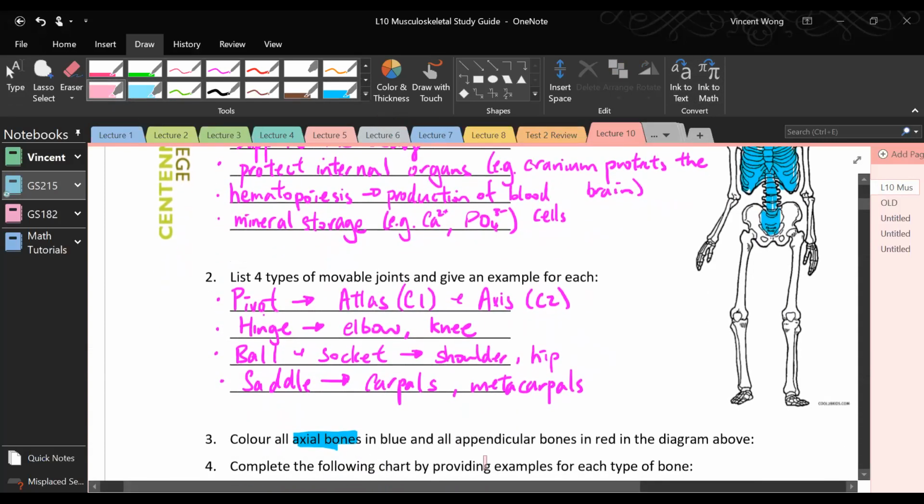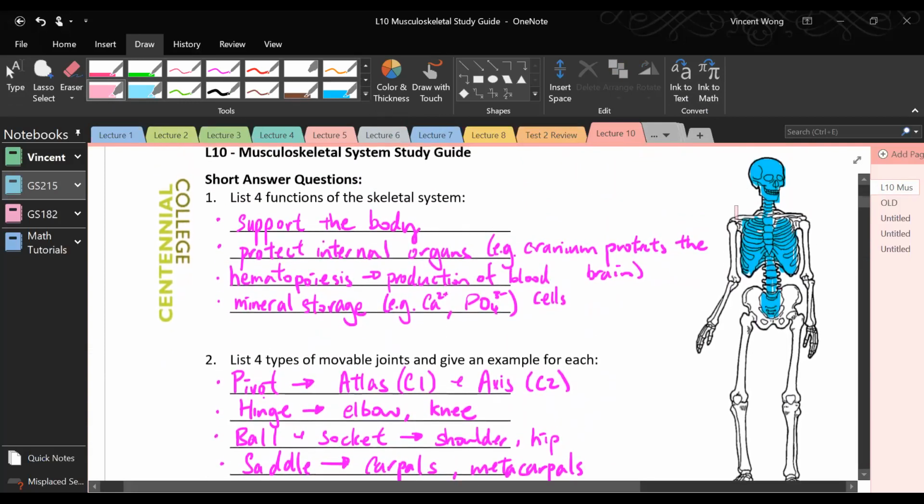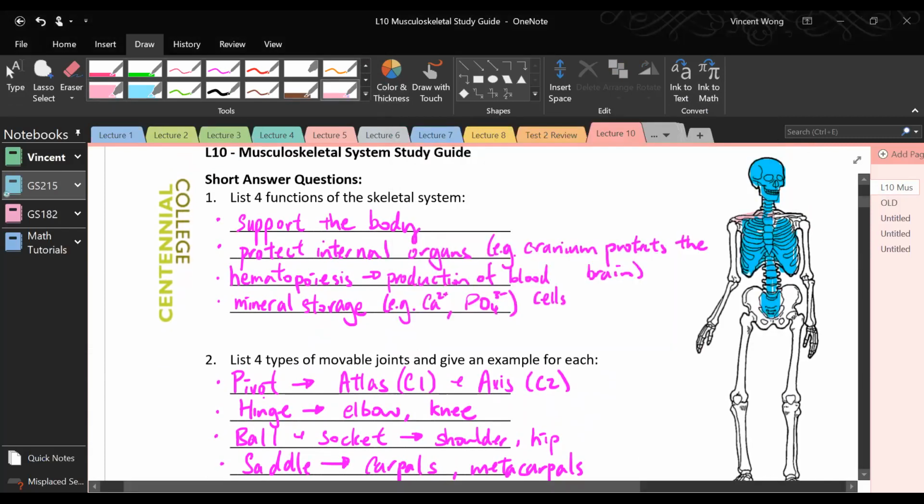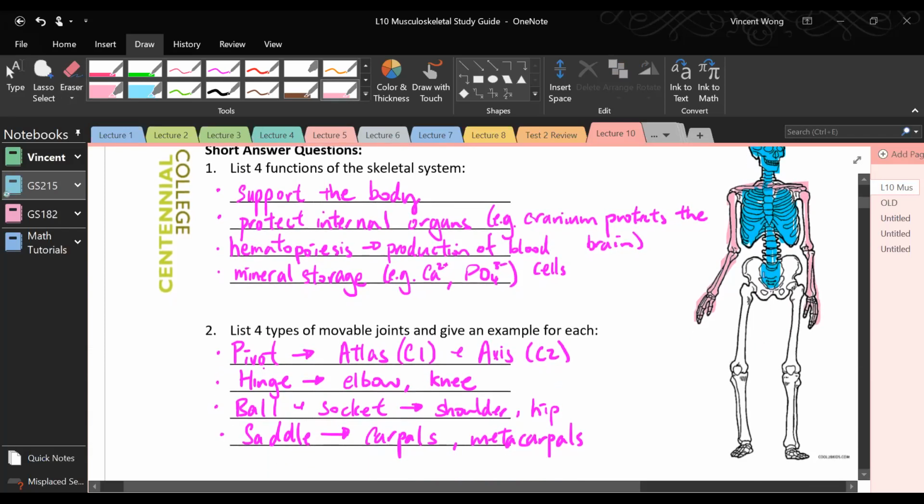And then we want the appendicular to be in red, okay, or pink in this case. So there is the appendicular, the clavicle, your collarbone. All the bones in the hand, the humerus, radius, ulna, carpals, metacarpals, phalanges. So all these are appendicular.